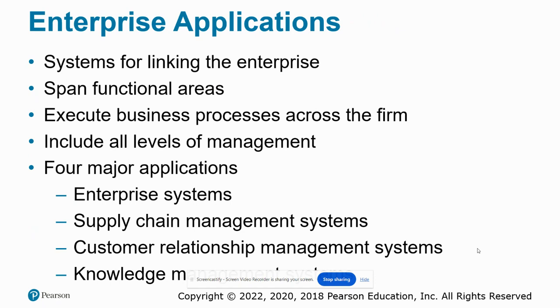As we think about enterprise applications, we understand that these are used to coordinate, and ultimately integrate, the information that's used in systems that we discussed previously. In other words, enterprise applications are used to ensure that transaction processing systems, management information systems, decision support systems, and executive support systems work together smoothly.